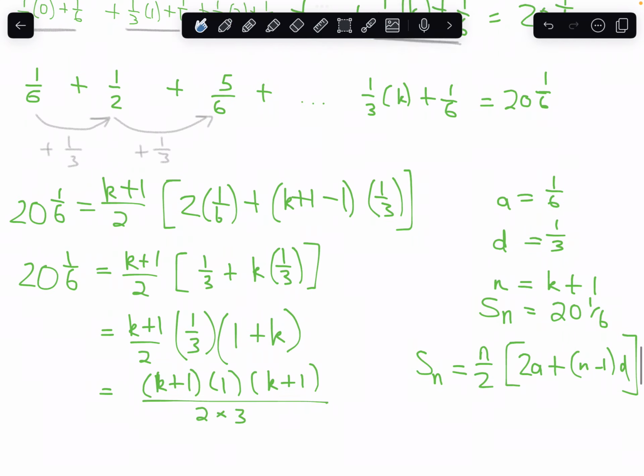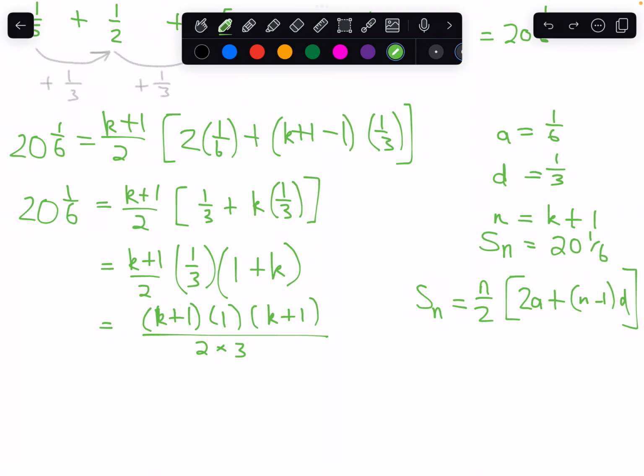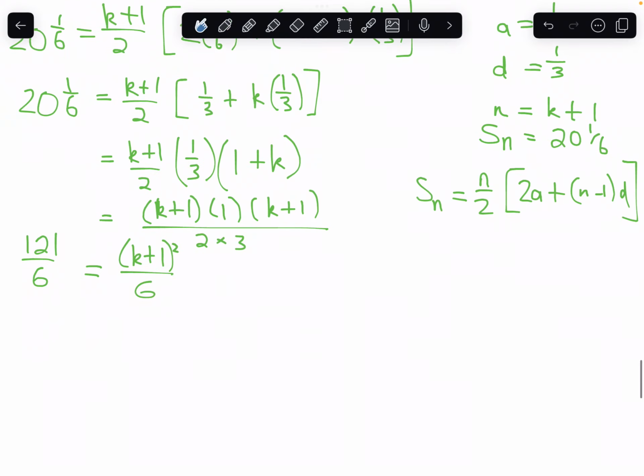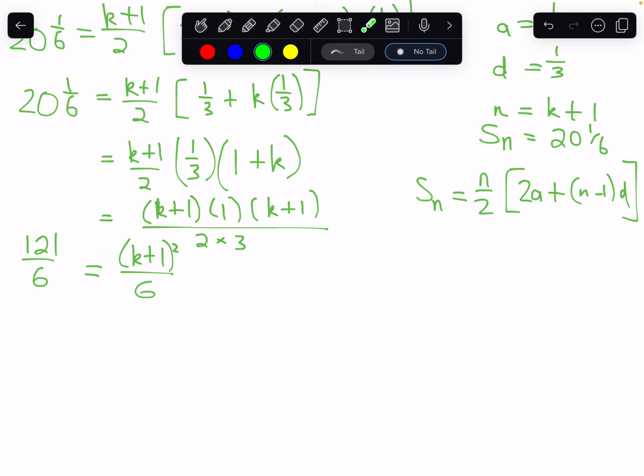I'm going to write 20 and a sixth as an improper fraction so that we can do some cross multiplying. So that will be 121 over 6 is equal to k plus 1 squared over 6. We actually don't even need to do any cross multiplying because these denominators are the same, so the numerators must be the same. So we now have 121 is equal to k plus 1 squared.